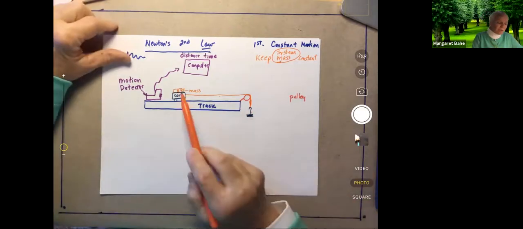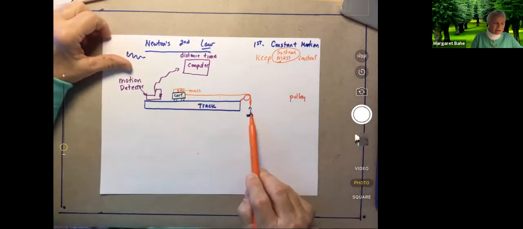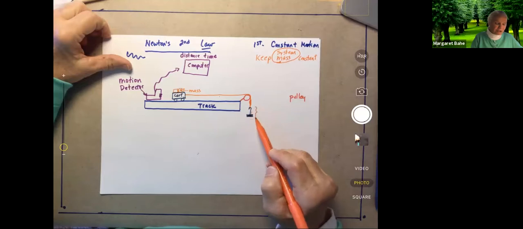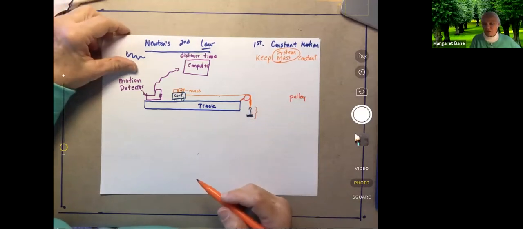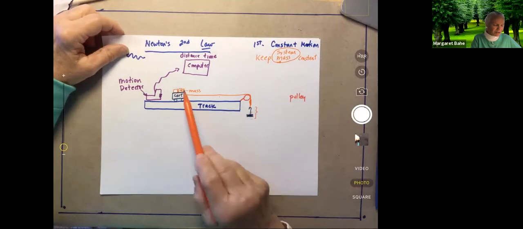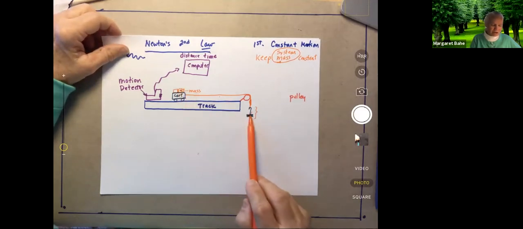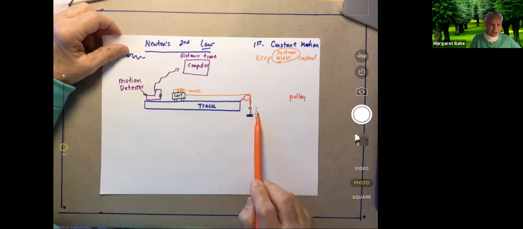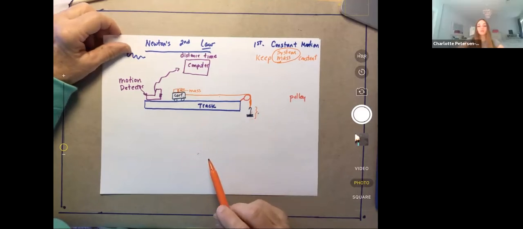But every time I move some of my mass from here to there, is my force going to change? Let's address that question to Charlotte. Every time I move some mass from here to there, will the force change? The force of gravity. Well, since the mass is the same, it should be the same, but it's kind of acting differently.